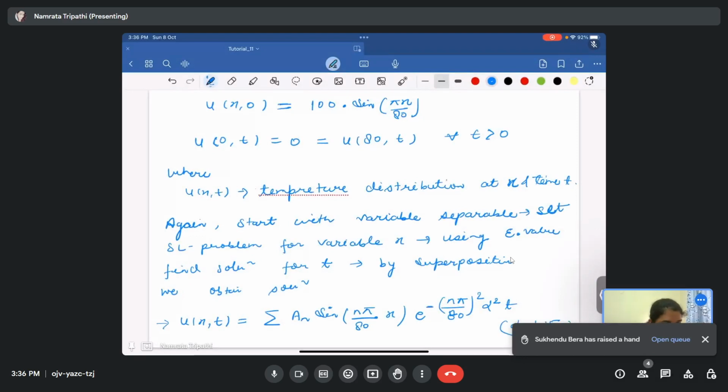Yes. Ma'am, in the formulation, you write u_t minus 1.15 u_xx equals, here alpha 1.15 or alpha square equals 1.15? Alpha square.